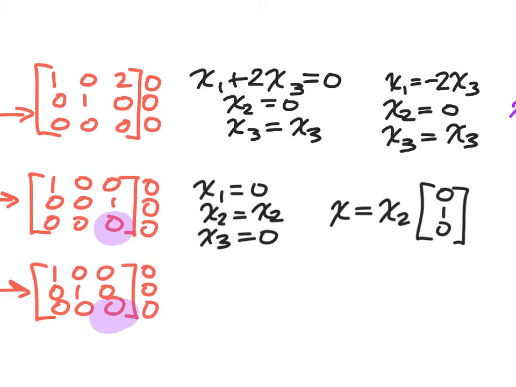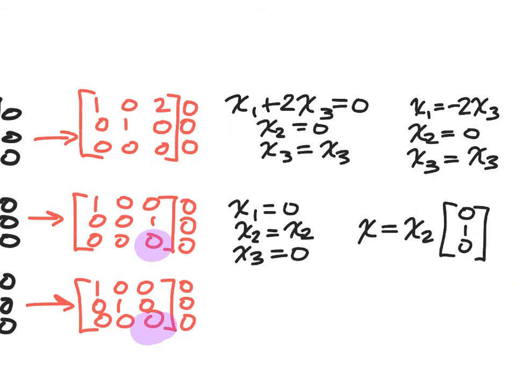X3 is going to be equal to 0 because in this entry here, I just wrote it out of order, but because there's no pivot in the second column, there is no x2 equals. So it must be x2 equals x2, with this one being the x3 that's equal to 0. All right, so this entry, because I wanted to write it in the proper order, corresponds to this one.